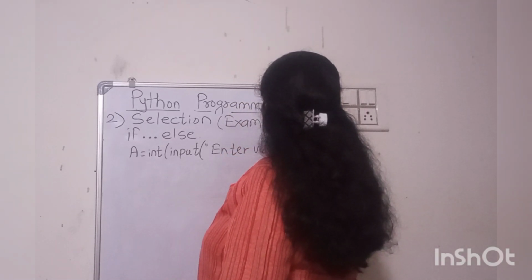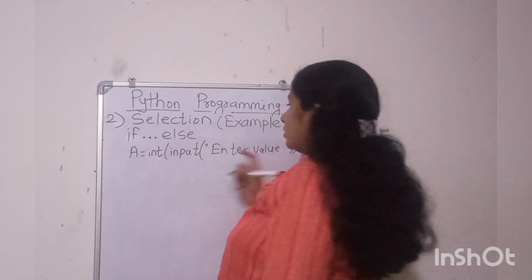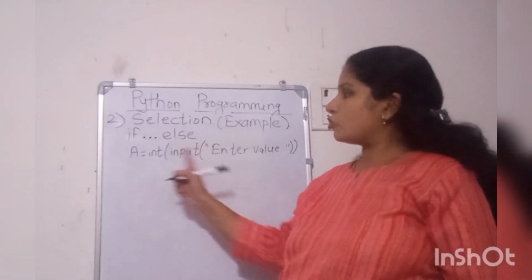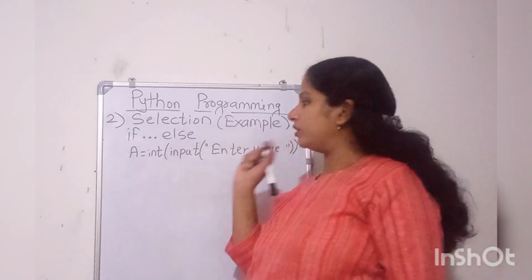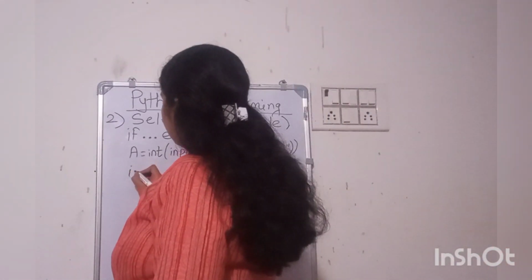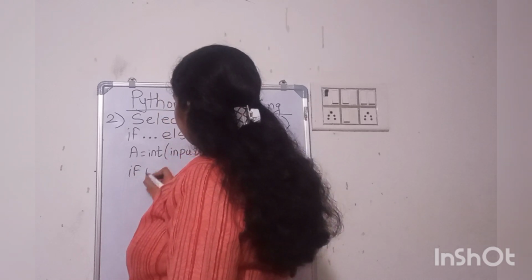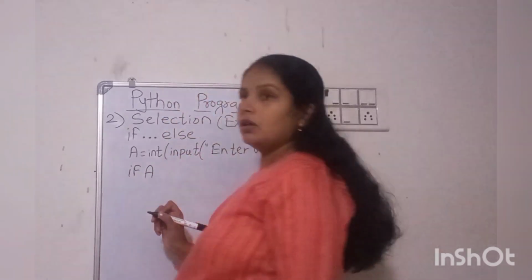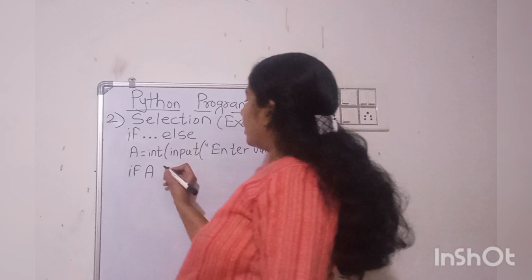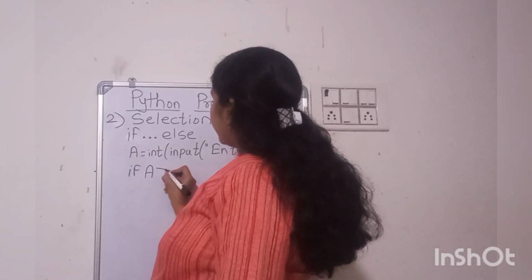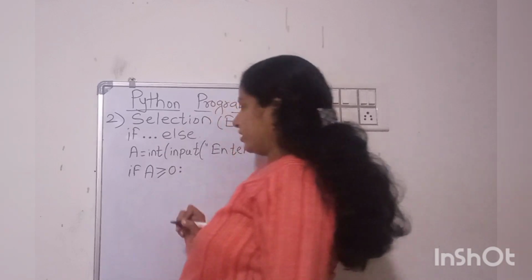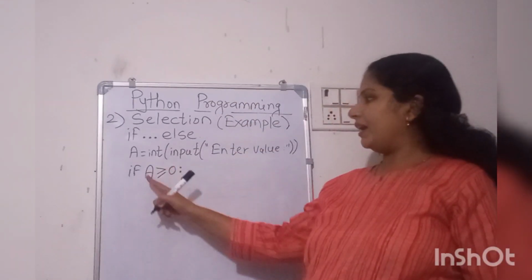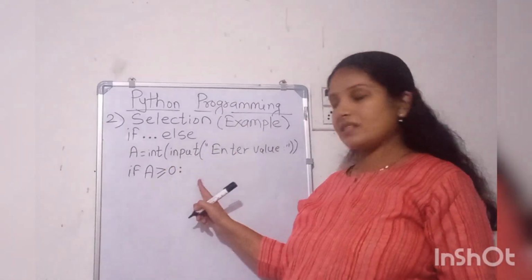Whichever value is entered will be stored in A. Now I am checking the first condition here, if. Let's take the condition with the comparison operator: A is greater than or equal to 0. This is my first condition.